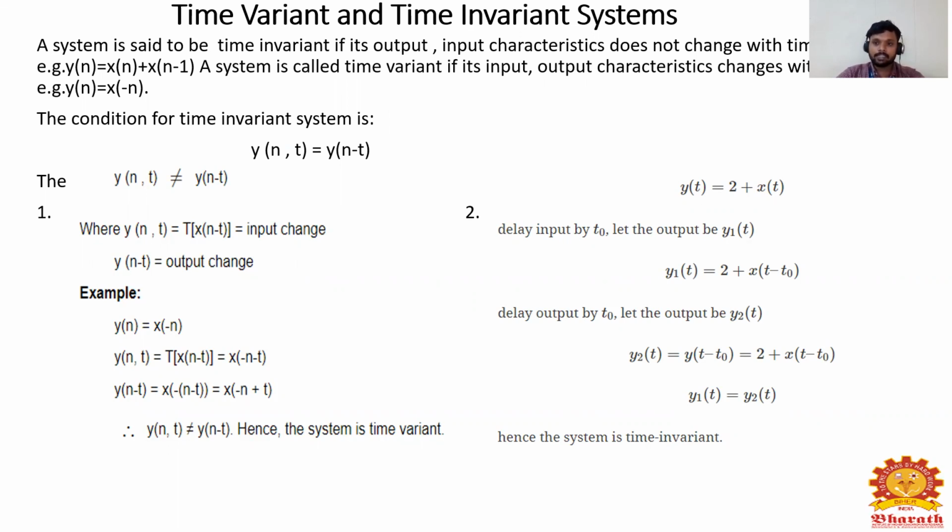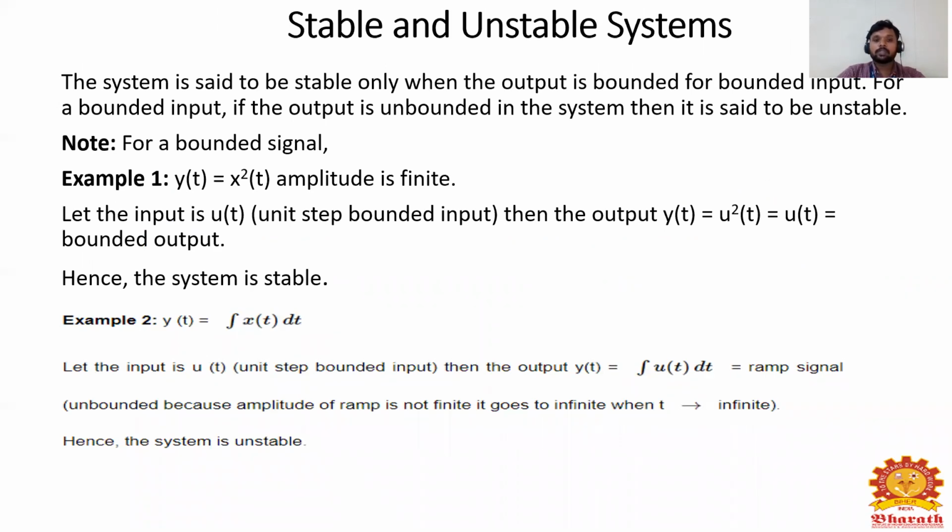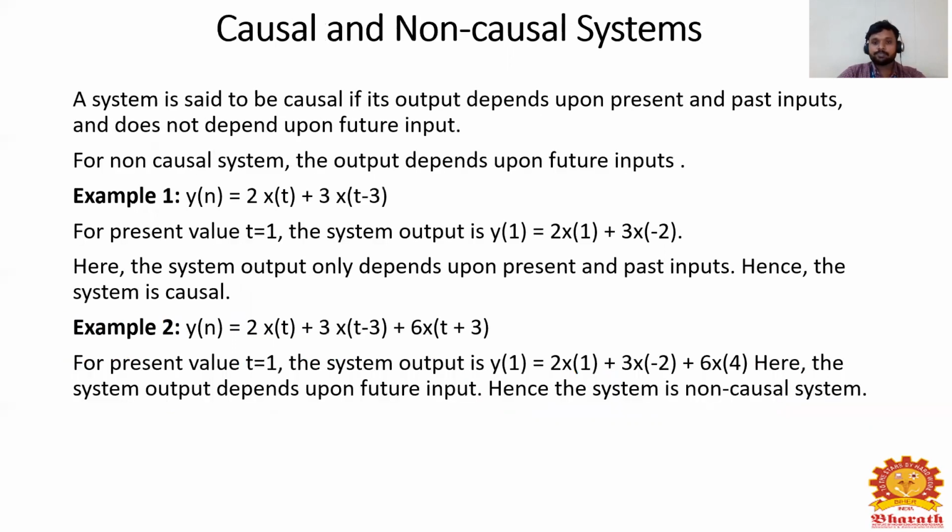The third is stable and unstable system. When the output is bounded for the bounded input, then the system is called stable. If the output is unbounded, then the system is called unstable. We have seen 2 examples for stable and unstable.